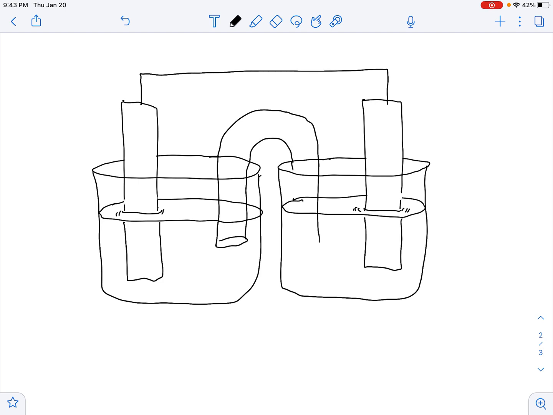While I'm on the subject of a salt bridge, another way these things are built is that you don't necessarily have to have one. Sometimes you end up with a porous wall between the two half cell reactions, so the solutions don't mix, but ions can migrate through the porous wall that's separating the two. That happens as well.